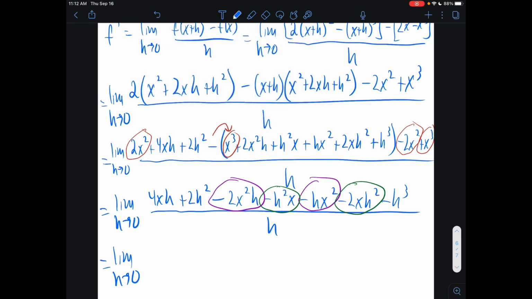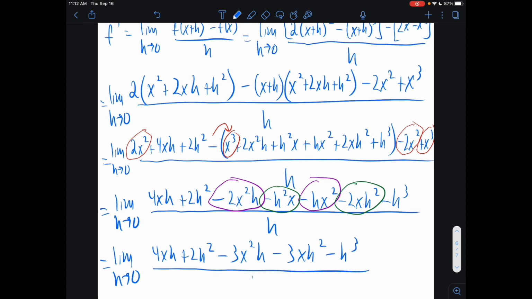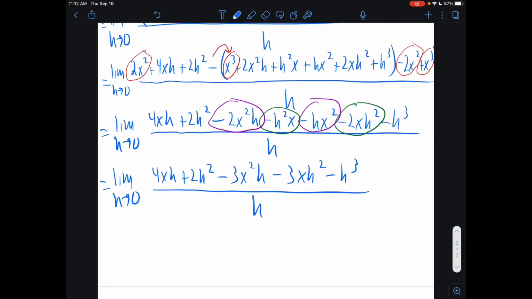So we'll go ahead and add those up. 4xh plus 2h squared minus 3, and I'll write it as x squared h, and then minus another 3xh squared minus h cubed. So now we can see that we can factor out an h from all this stuff in my numerator.